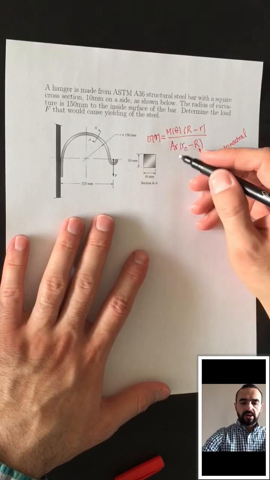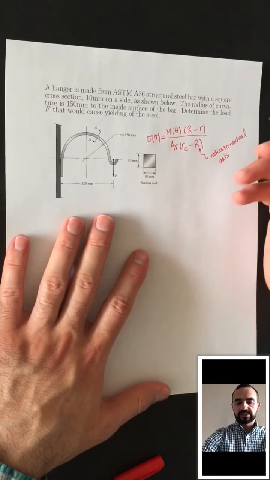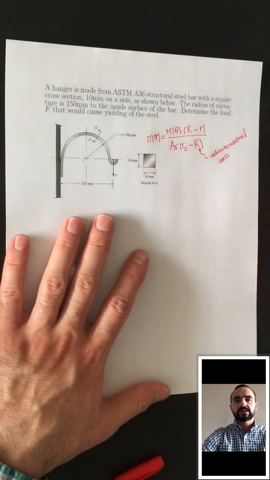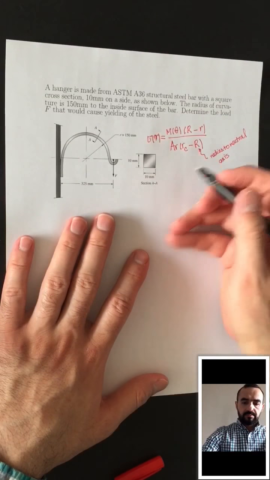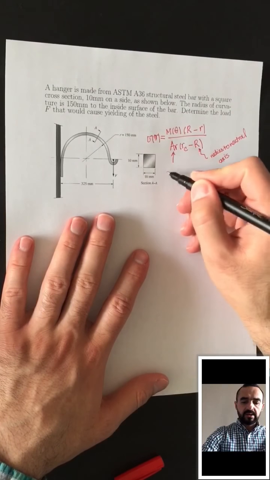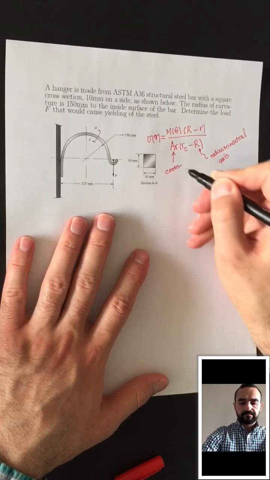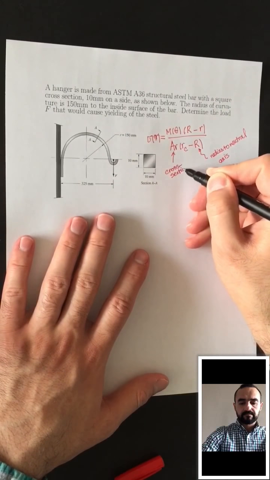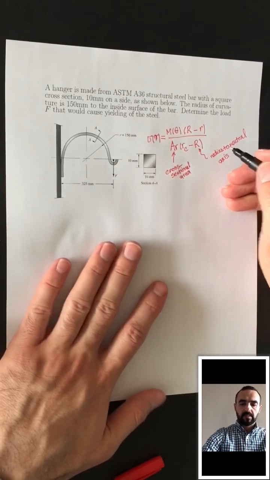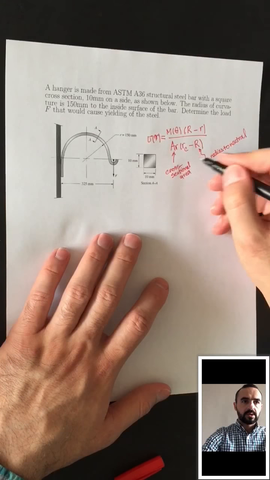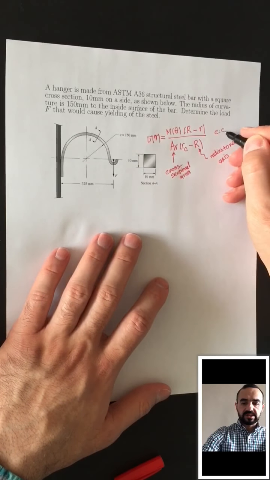The r is the position of your desired location, where you're actually interested in computing the stress. And A is the cross-sectional area. So c indicates centroid.